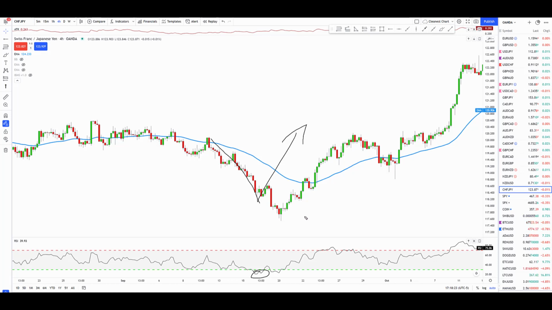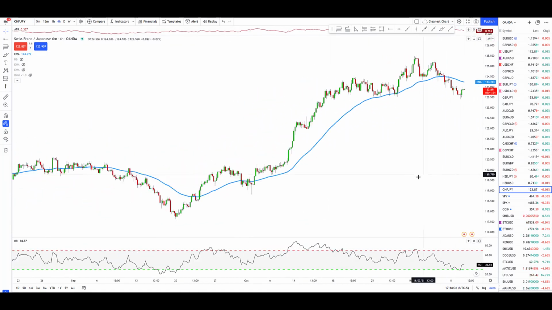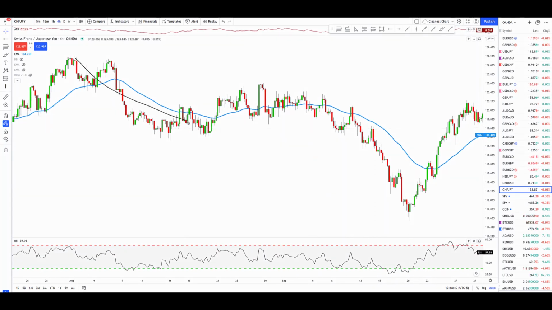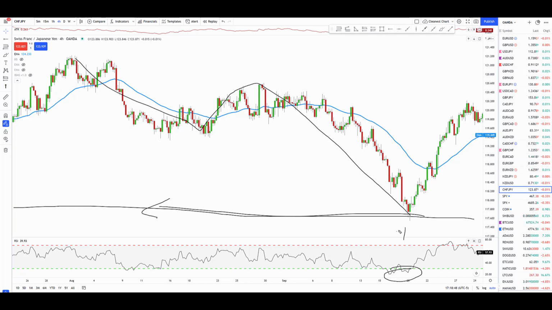Now, the way we use this as a reversal indicator is, as we all know, what goes up eventually will have a pullback or possibly even a complete reversal. So if there's been a lot of momentum for a long period of time, well, it hasn't reversed yet. Let's say to the downside, like right here, so we've had a lot of momentum to the downside for a long period of time, and then we get oversold and we have other confluence, like a higher time frame level of structure right here at this level.